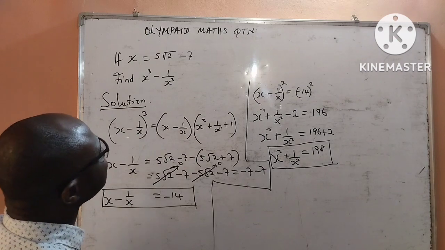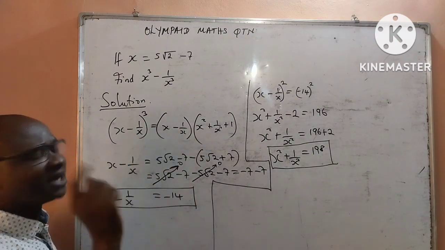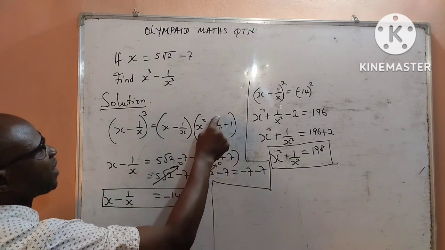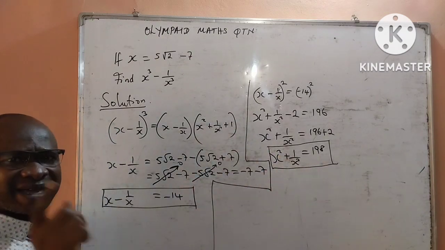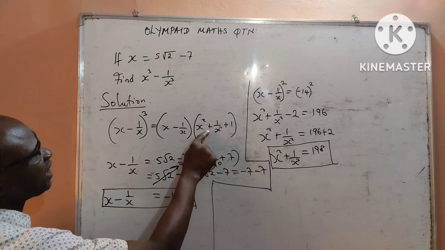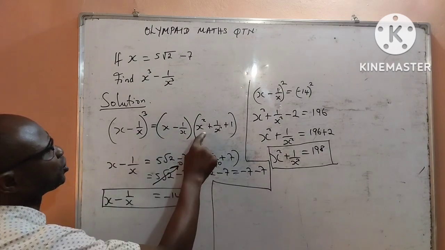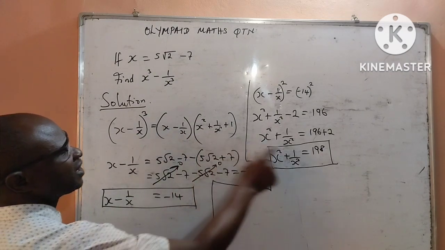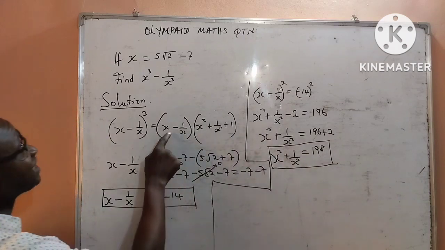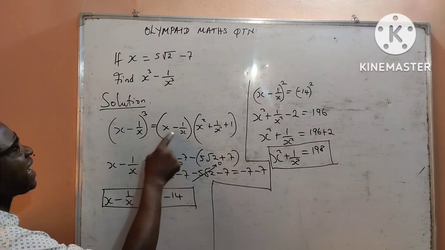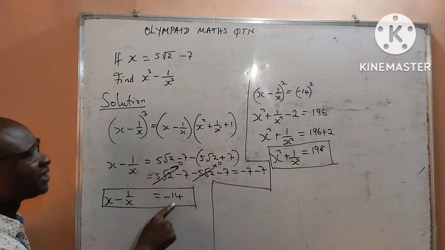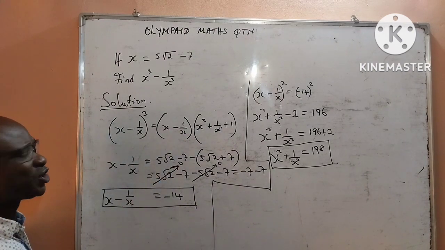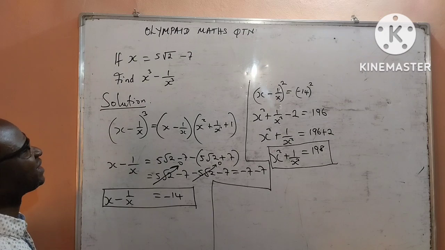Now, like I said, x squared plus 1 all over x squared, I have gotten it to be 198. Nothing is wrong if I come to this place and substitute this value with 198. You can see with me here also that x minus 1 all over x, I got to be negative 14. I can come back and still substitute it. Let's do that.